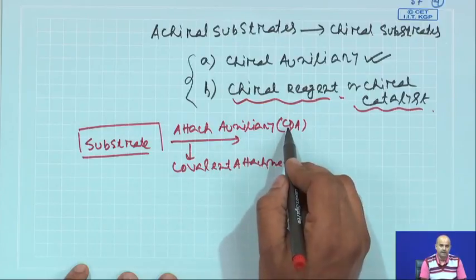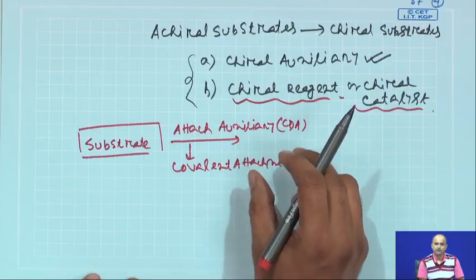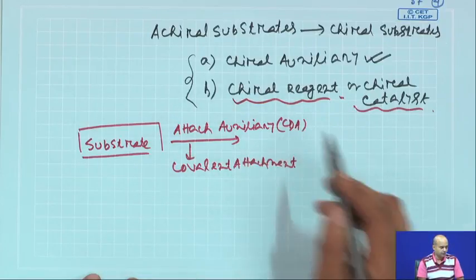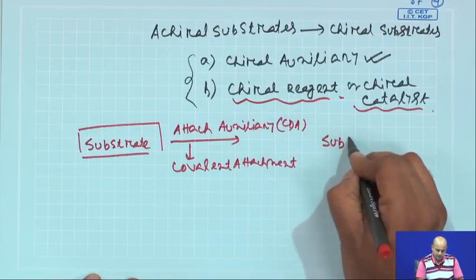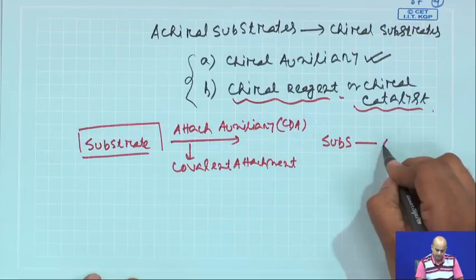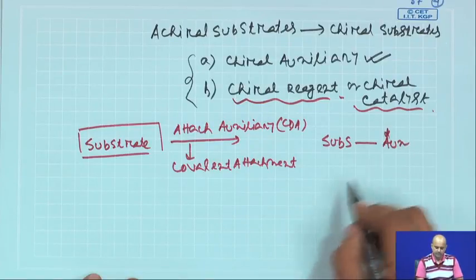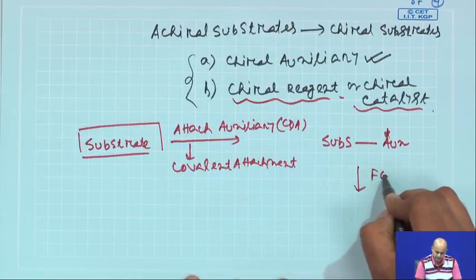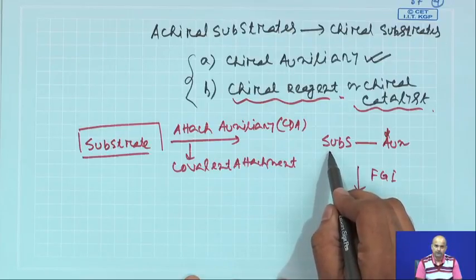Now, this CDA has a stereocenter. Due to the presence of the stereocenter, your new substrate has both the substrate and the auxiliary, and this is now chiral. Now, you do the necessary FGI, which will be done on the substrate part.